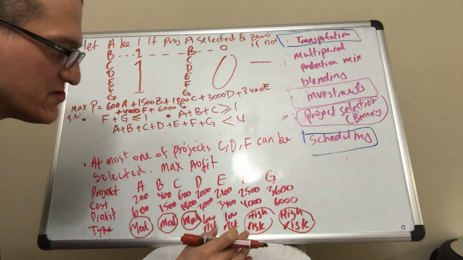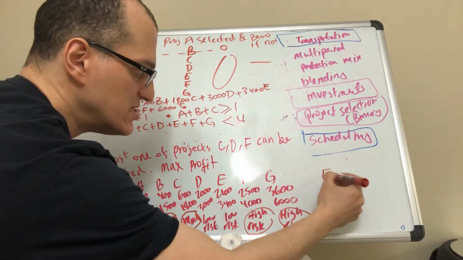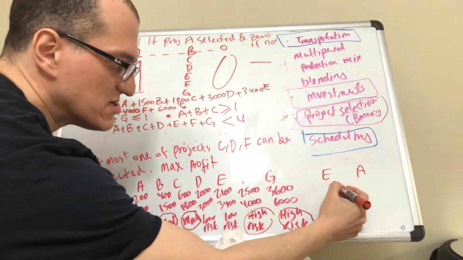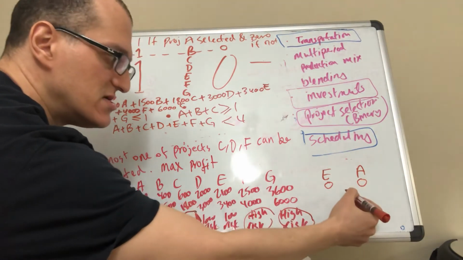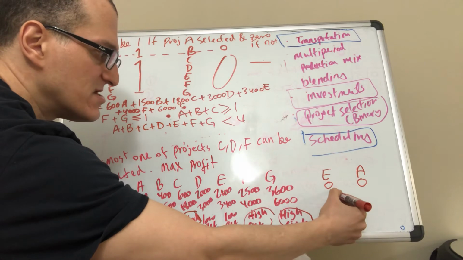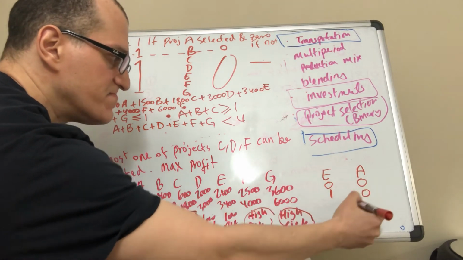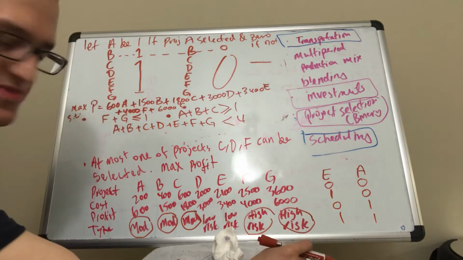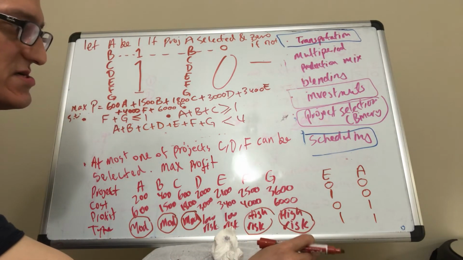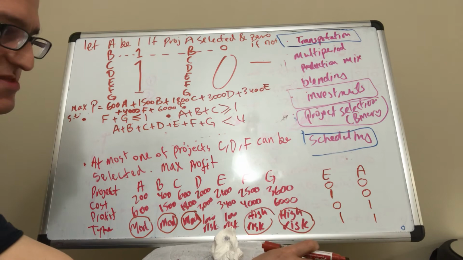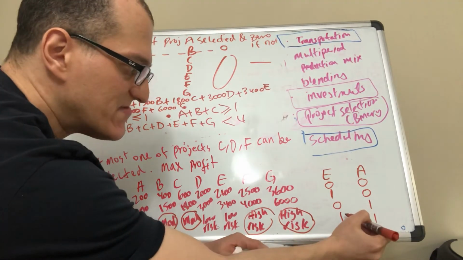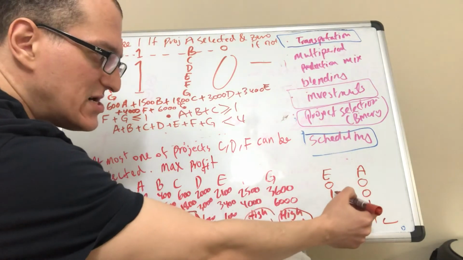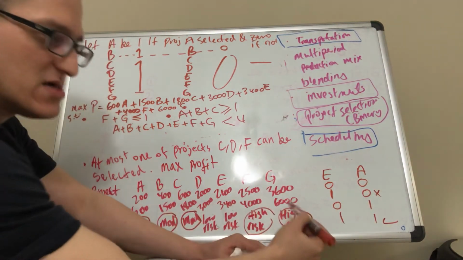The way we do this, when they tell you E and A, you know that all the possibilities are: not to select E, not to select A, only selecting E, only selecting A, or selecting both of them. They tell you E needs A. So to have E, you gotta have A. But to have E without A, that's not good.